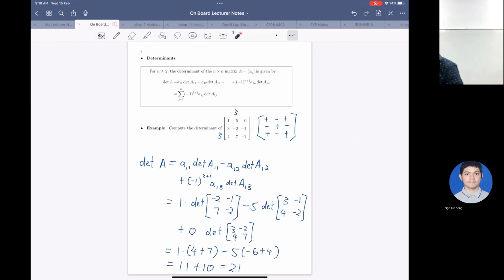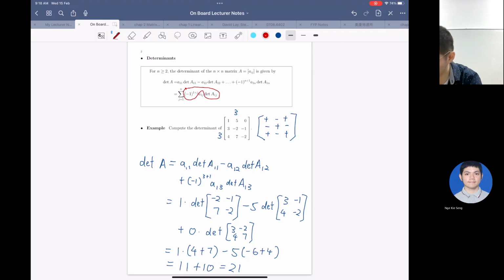After we get this, the next part is a cofactor. What the cofactor does is we want to consider this sign part with this determinant part.